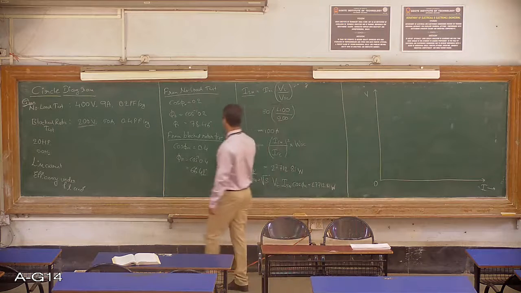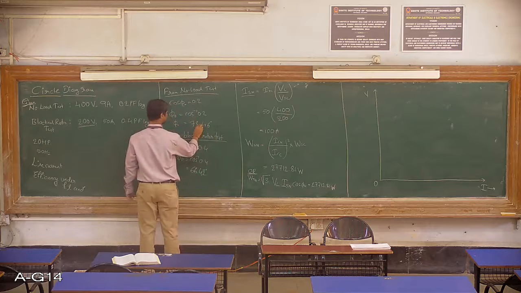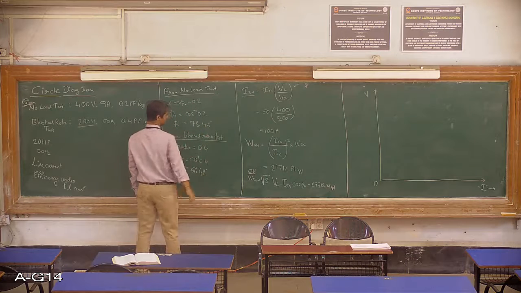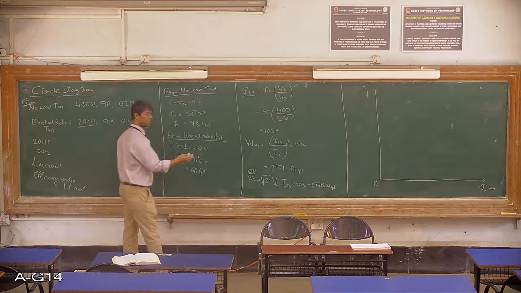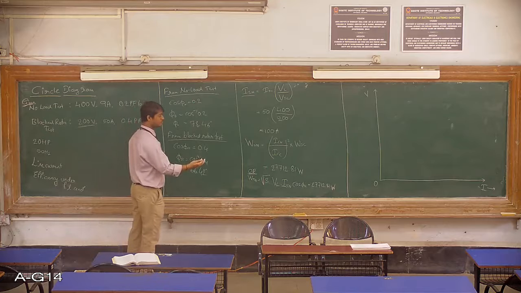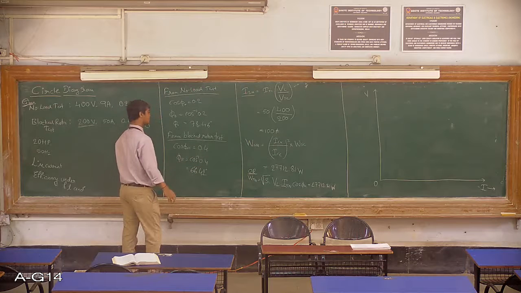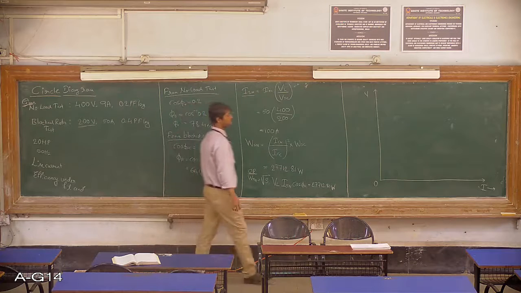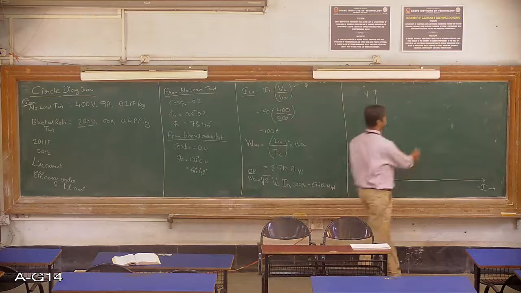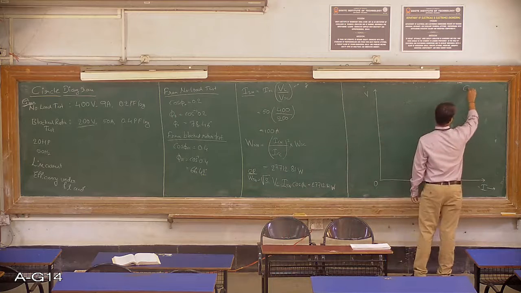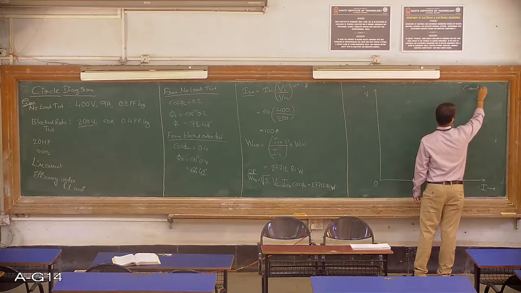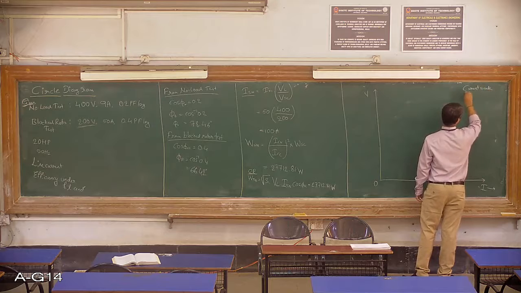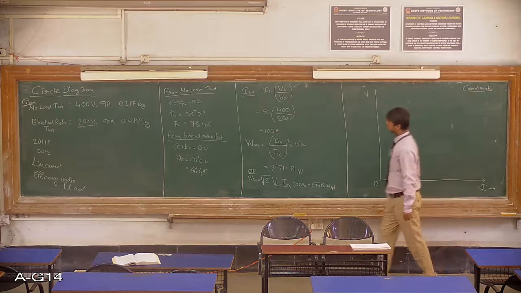Now phi naught is known, it is 78.46 degrees. But before that, for how much length we have to draw, we have to calculate that. So to do that, we should be setting up the current scale. Now let me explain to you how to set the scale.